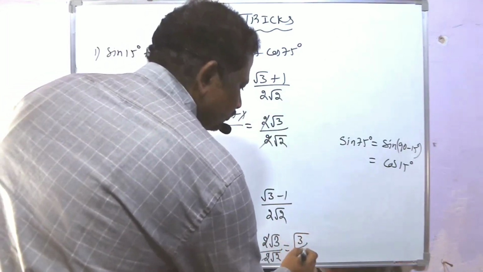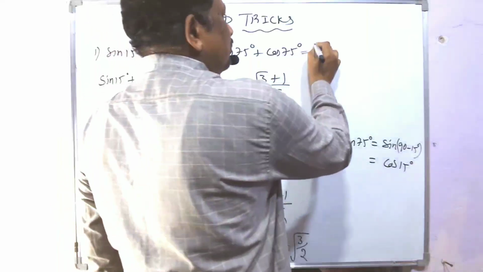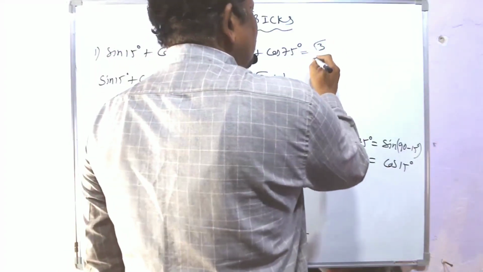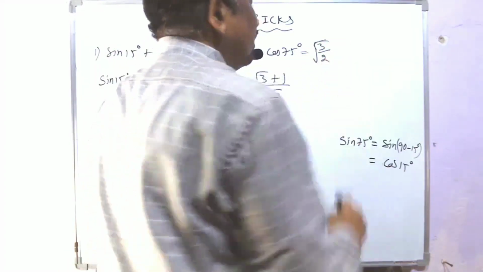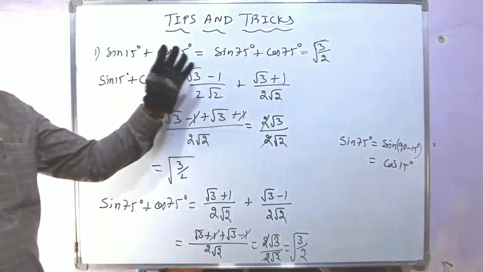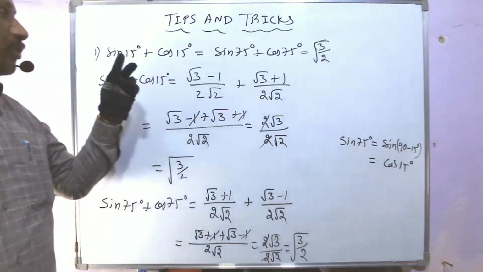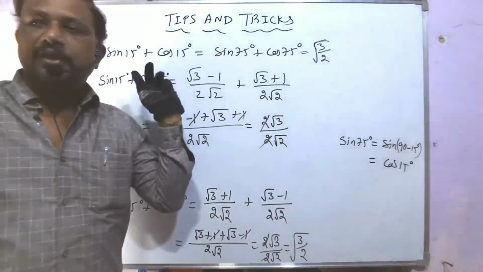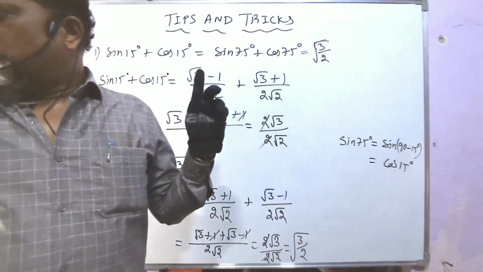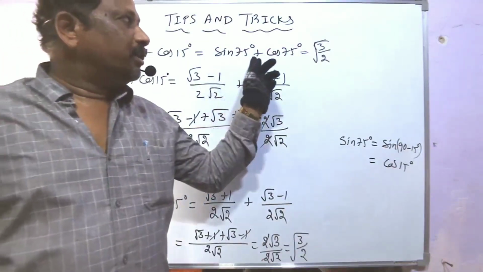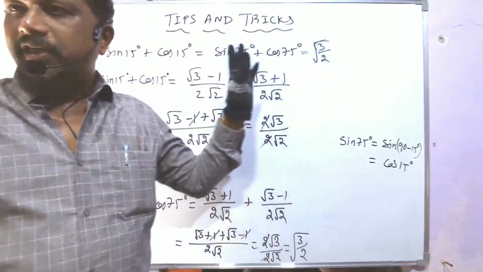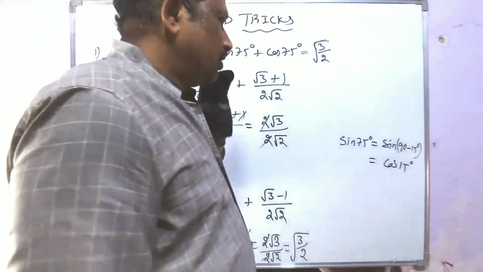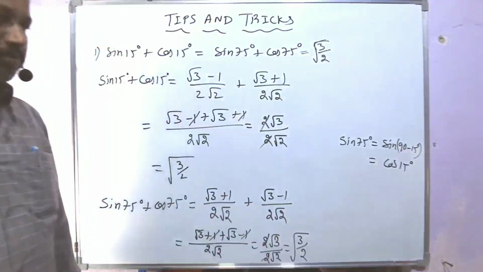Under root 3 by 2. So both are equal. Under root 3 by 2 we will get. These two are equal. Which two? Sin 15 degrees plus cos 15 degrees is equal to sin 75 degrees plus cos 75 degrees. Clear? So now, next tip.